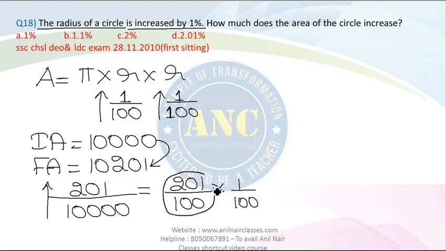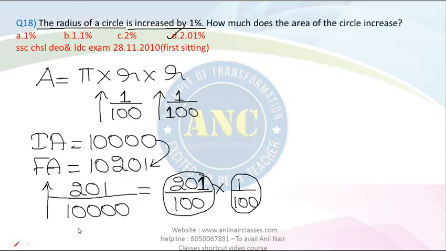201 divided by 100 should be slightly greater than 2, because 200 by 100 is exactly equal to 2. Slightly greater than 2 into 1 by 100 is percentage. Answer is 2.01 percentage.